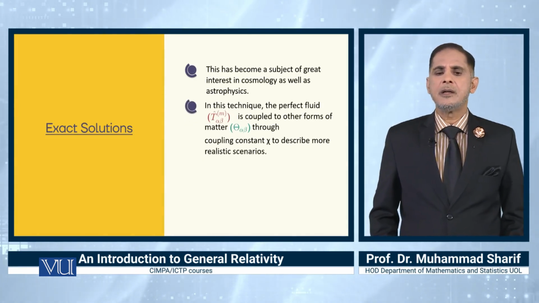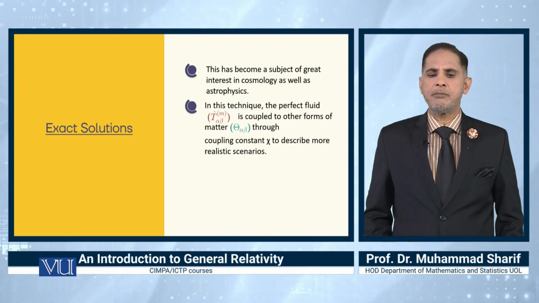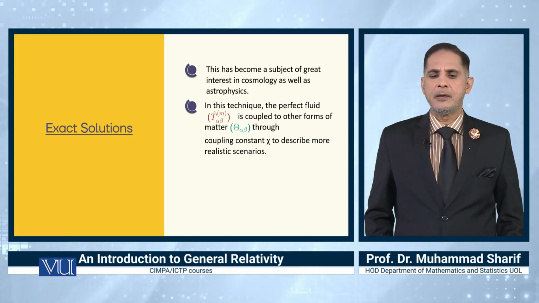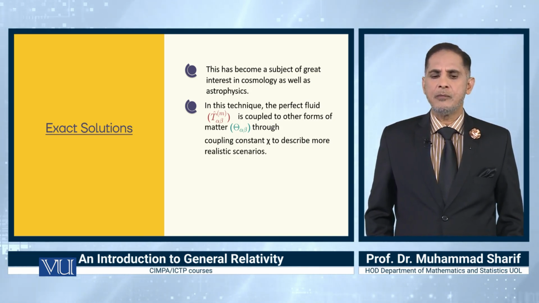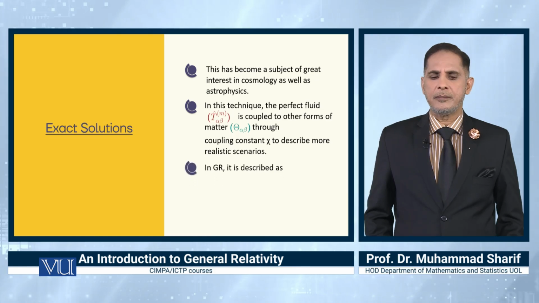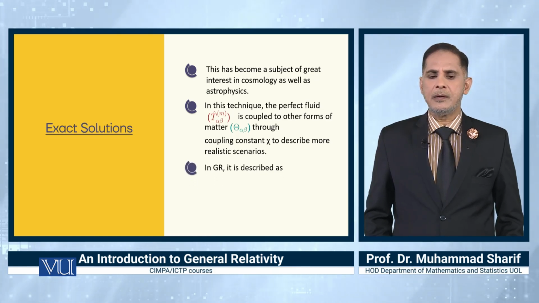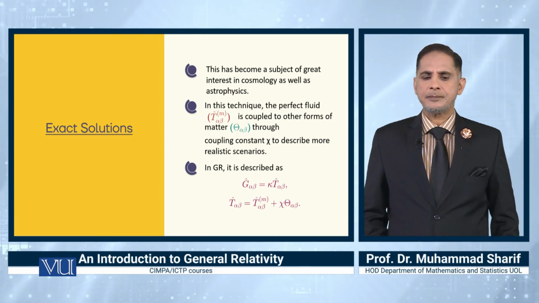In this technique, the perfect fluid is coupled to other forms of matter, which is theta alpha beta here, through a coupling constant to describe more realistic scenarios. In general relativity, it is described as follows.